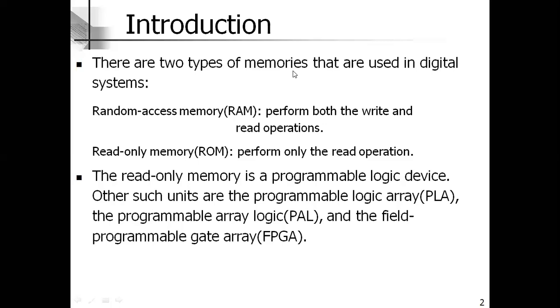When the power is off, automatically the data will be lost in RAM. That is nothing but volatile. Non-volatile means ROM. When the power is off also, the data will not be lost. That is the difference between volatile and non-volatile. Is it clear what is volatile and what is non-volatile? RAM is called volatile memory.